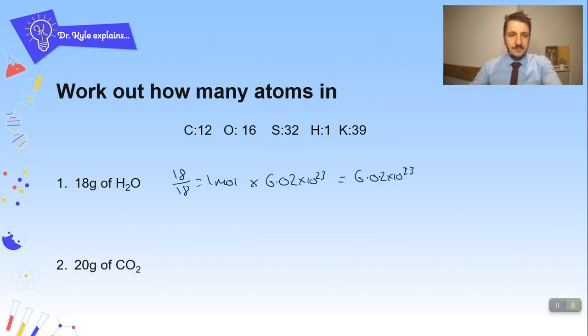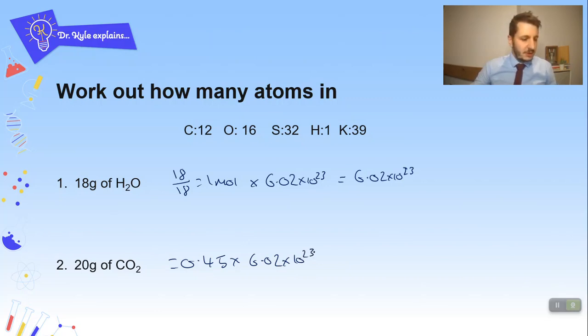Have a look at this then, 20 grams of CO2, so 20 divided by 44 is going to give me my number of moles, so that comes out as 0.45 that we worked out earlier, and I would just times that by 6.02 times 10 to the 23.